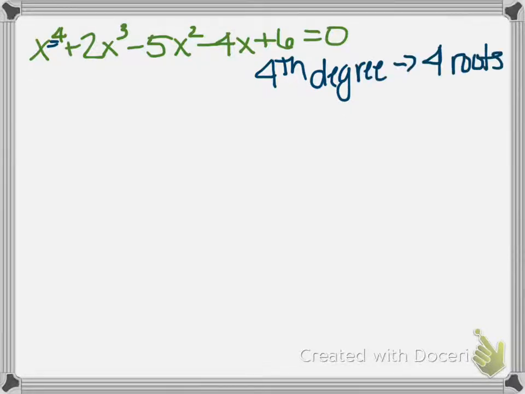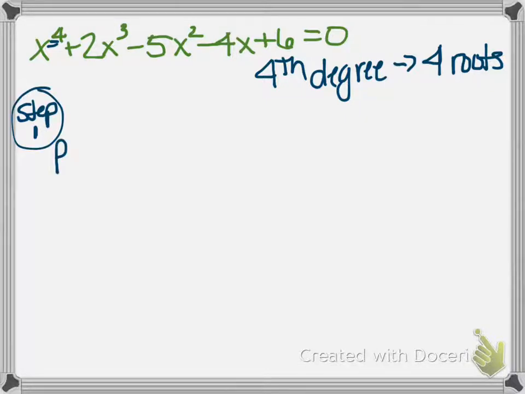So we should have 4 answers. Okay? So the first thing we're going to do is use the rational root theorem to find all the possible roots that we could have, the possible rational roots. So remember, we have irrationals in the form of imaginary numbers and square roots. So the rational root theorem just finds rational roots. So this is step 1.